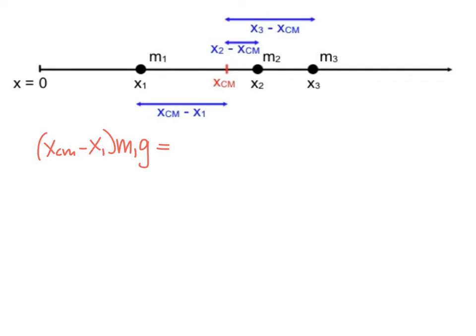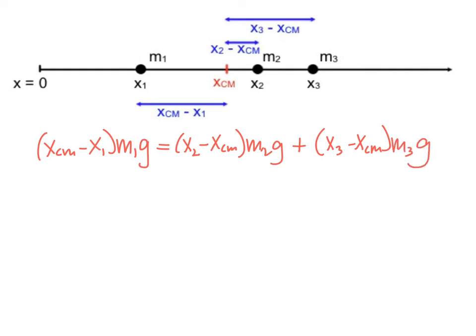Remember, that's another way that you can write your work, and it has a few less negative signs. So M2 is at position x2 minus xcm, and then I also have M3 at position x3 minus xcm. Okay, and we can see that our g's cancel out. They don't matter.